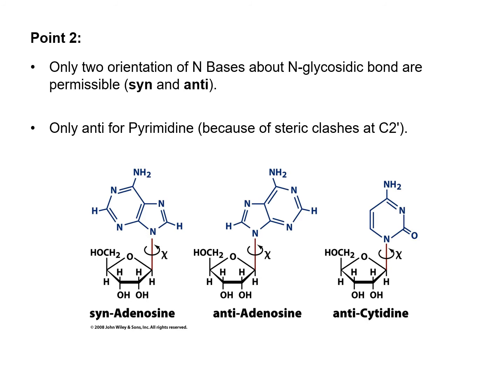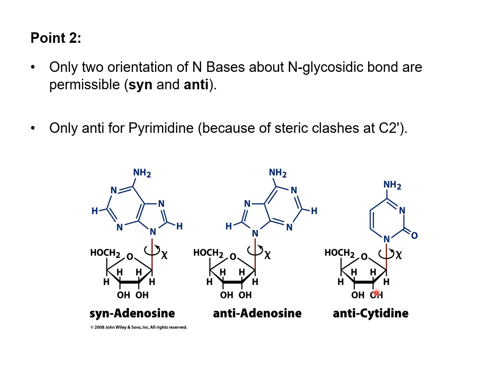And the second point is that there are only 2 orientations of nitrogenous bases about N-glycosidic bonds permissible, which are syn and anti. And syn is basically the form where the nitrogenous base with its bulky part is stacked on top of the pentose sugar. But the anti is where the nitrogenous base is turned 180 degrees. So the bulky part is moved away from the pentose sugar.